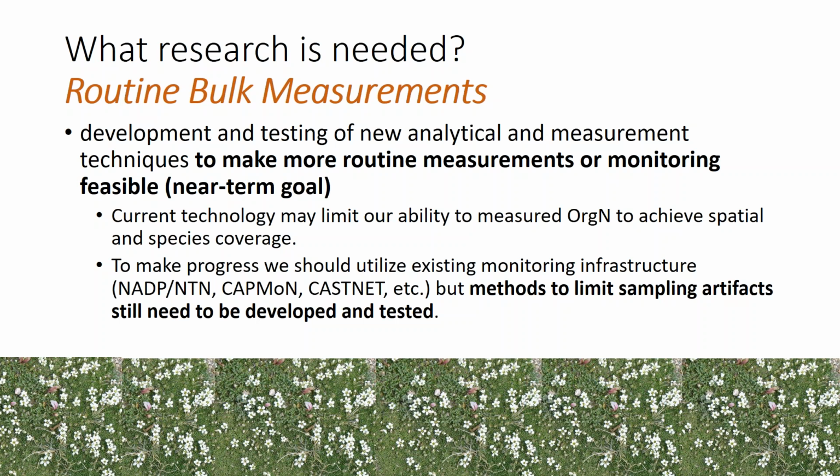There's also already some monitoring infrastructure that could be taken advantage of from some existing national networks, where if we do the steps to develop a method and sample handling procedures, it would be maybe not easy, but probably feasible to implement.